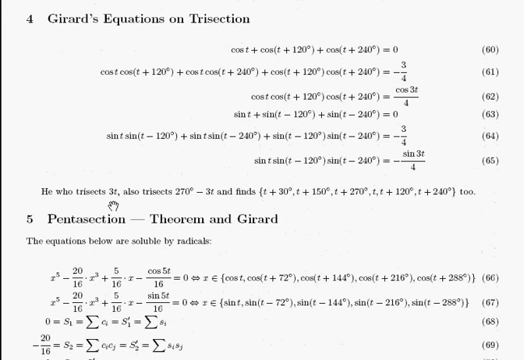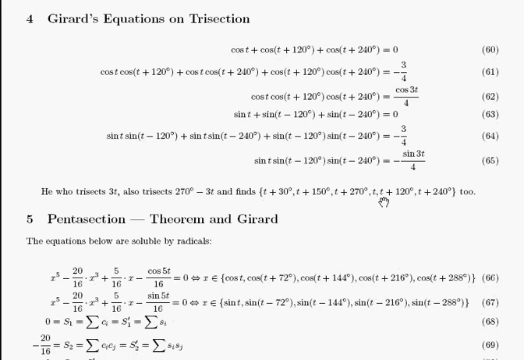He who trisects 3t also trisects 270 minus 3t and also finds 6 numbers. Example, if we trisect 60, we will find 60 over 3, 20.